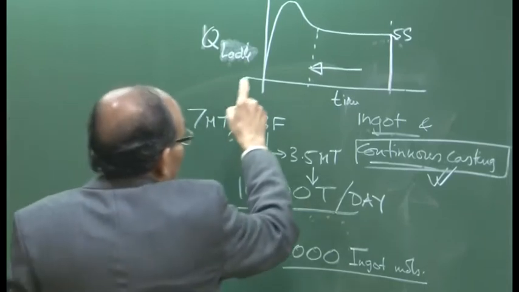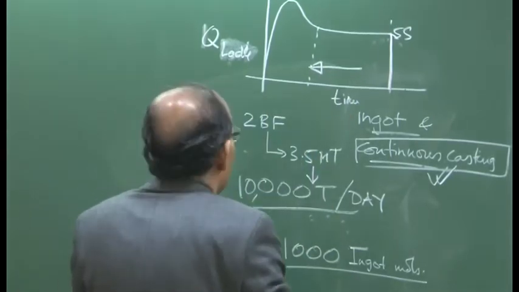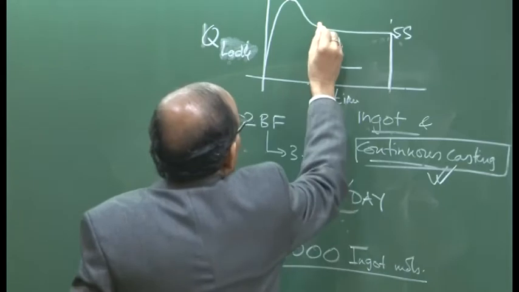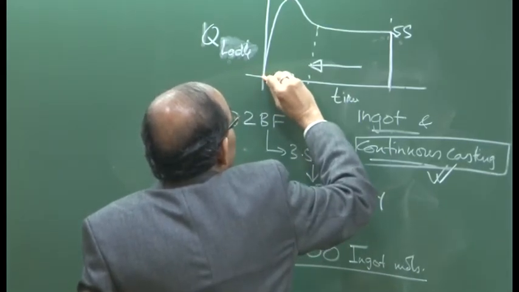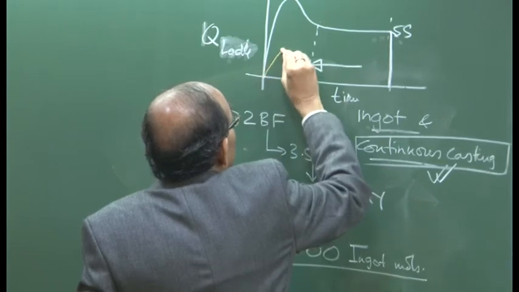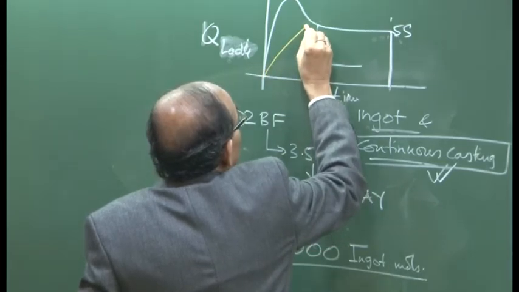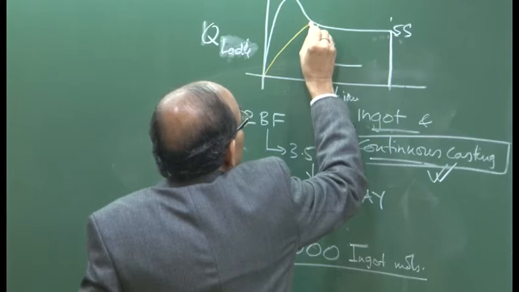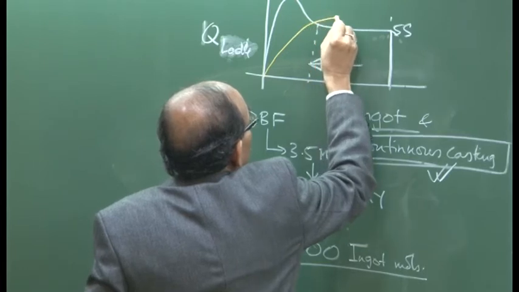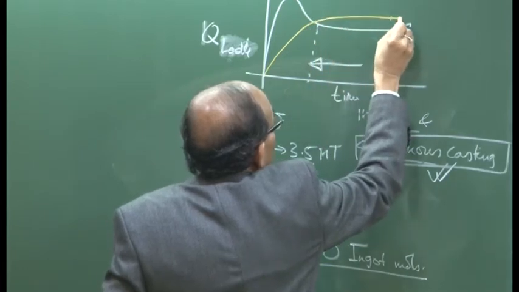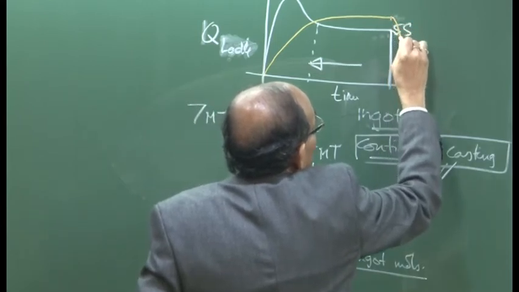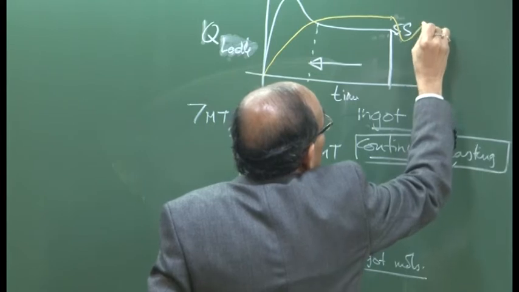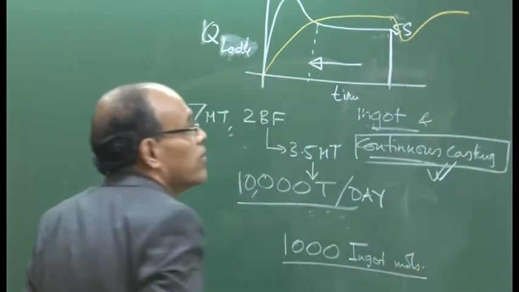So, if you draw the bath depth, for example, the bath depth would be monotonically increasing initially at a high speed, and then the bath depth will remain constant. And beyond this point the bath depth will go down a little bit, and then again go up, and then again become like this.